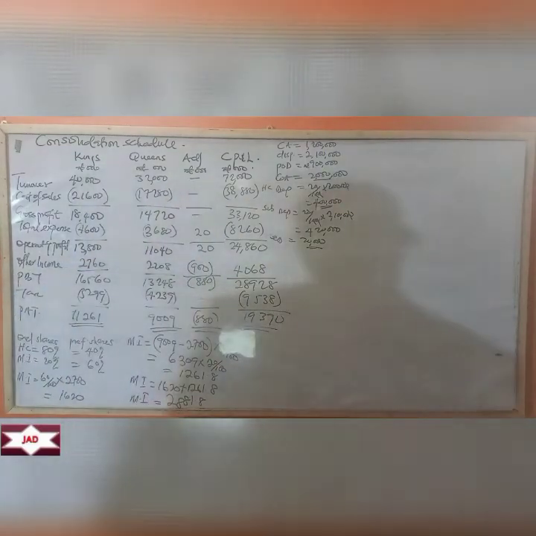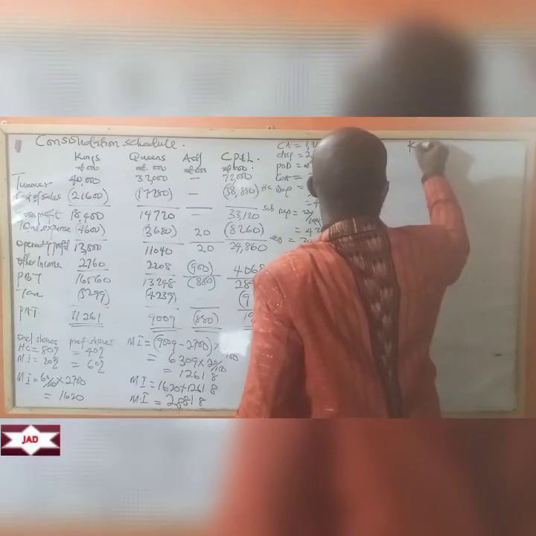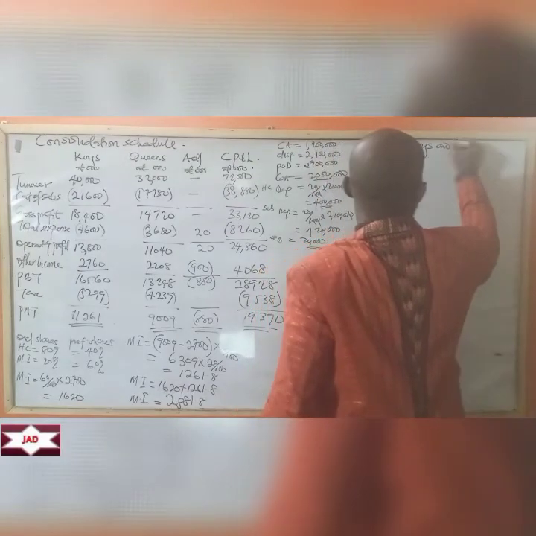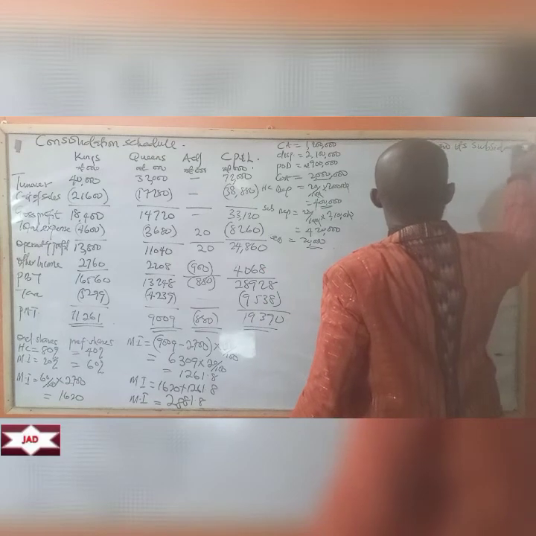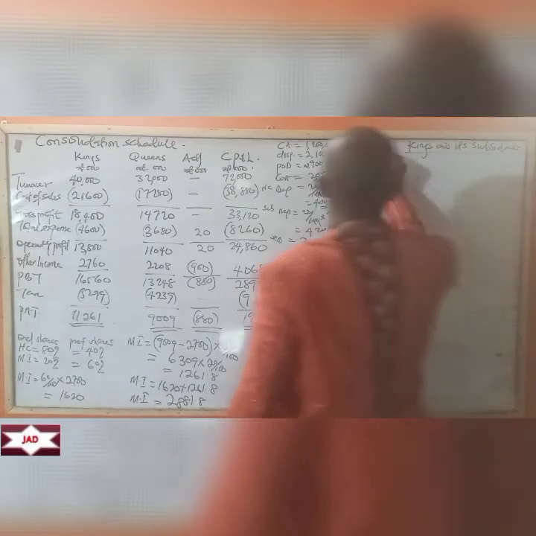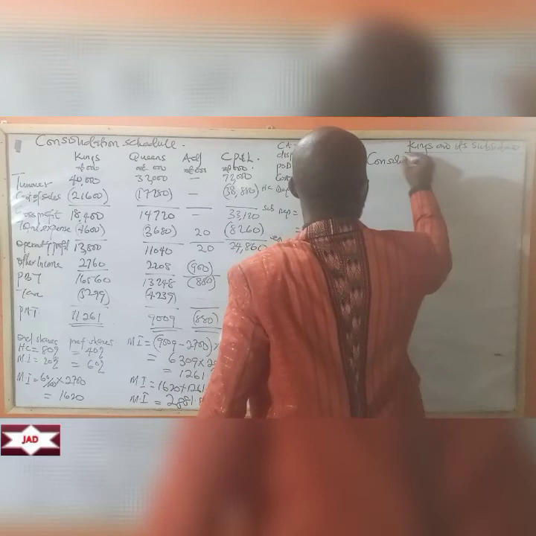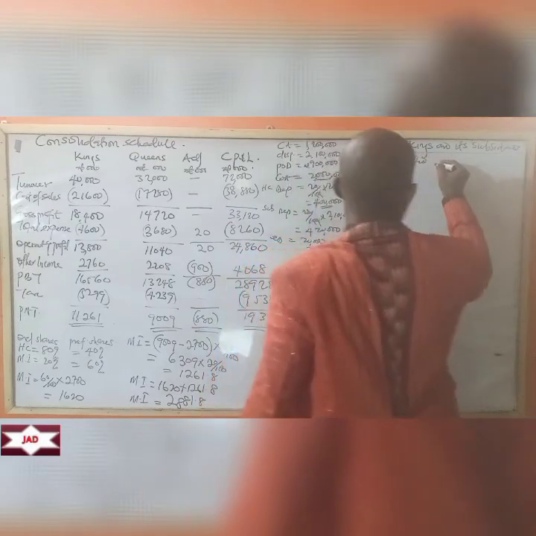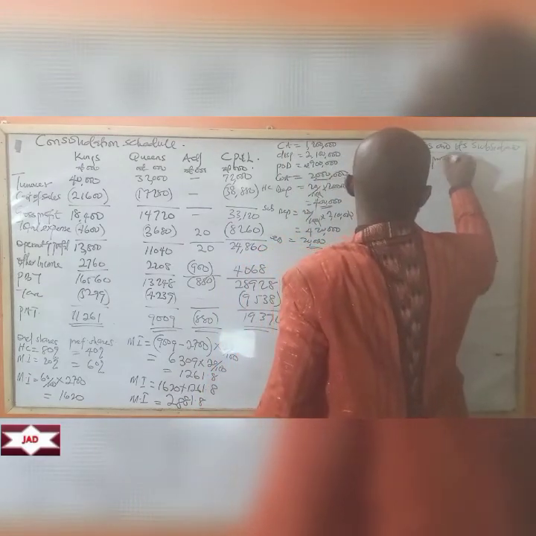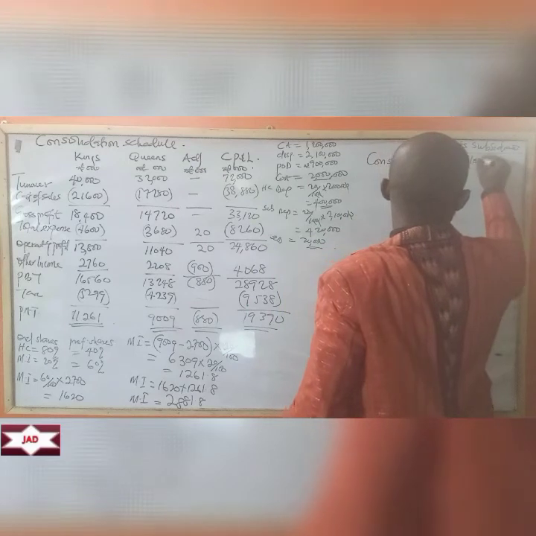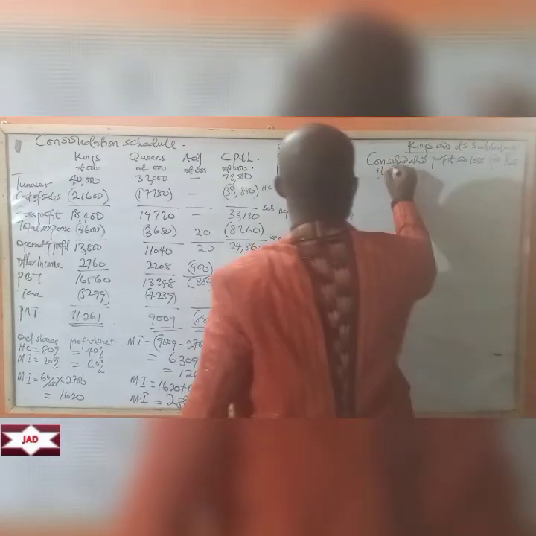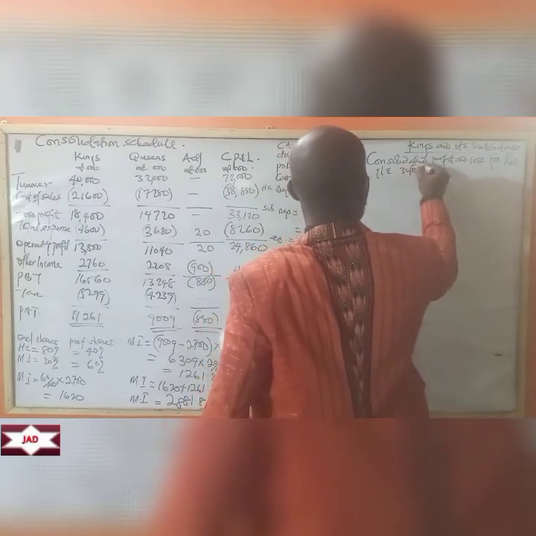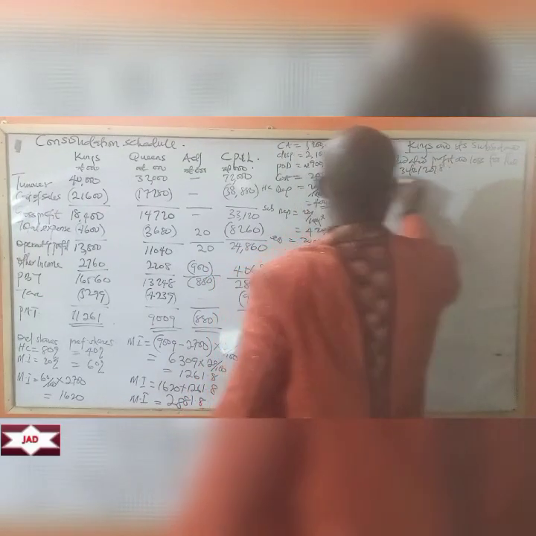So at this level now we can prepare the CPRL. So we say Kings and its subsidiaries, consolidated profit and loss or income statement for the year ended 31st December 2018.